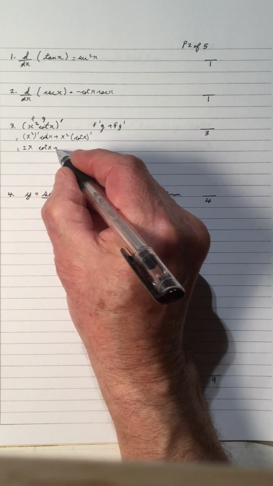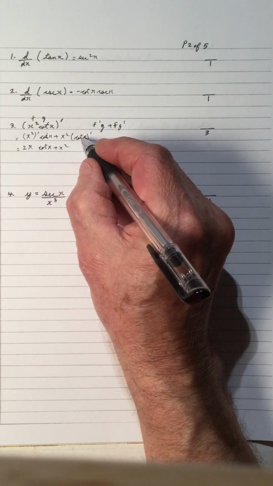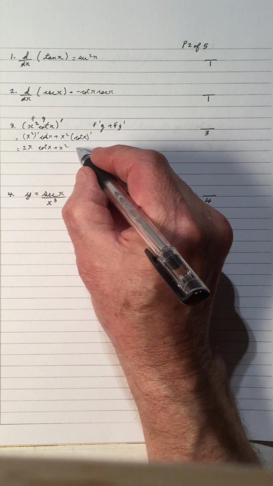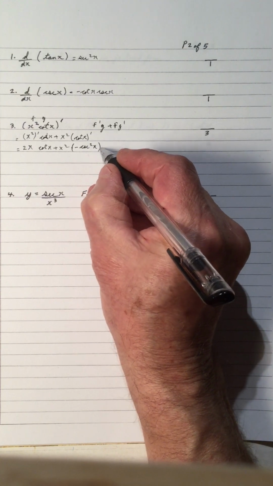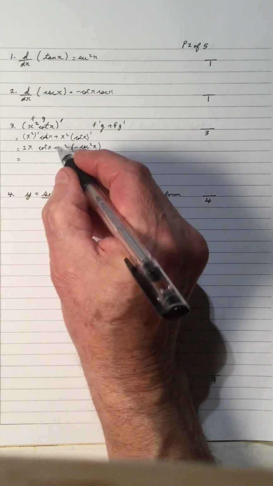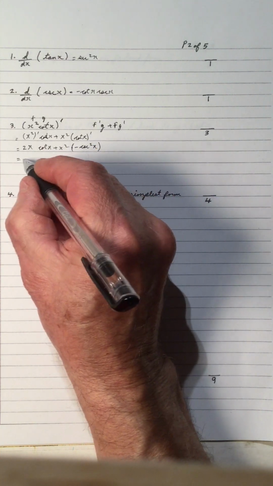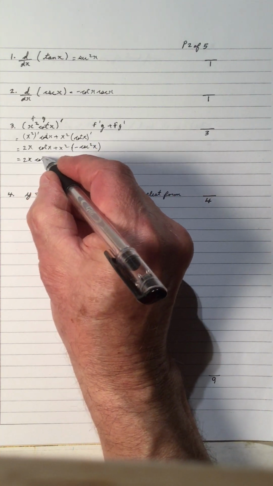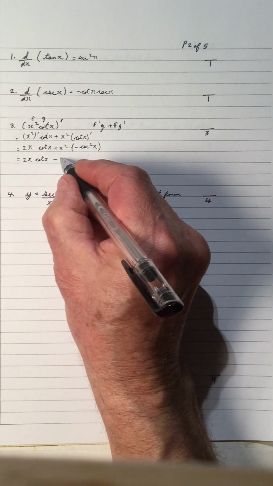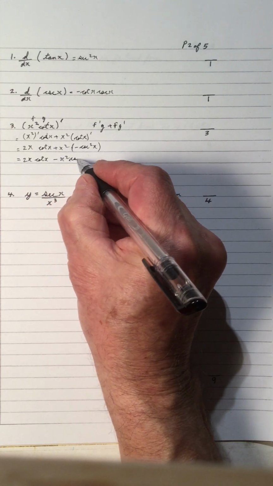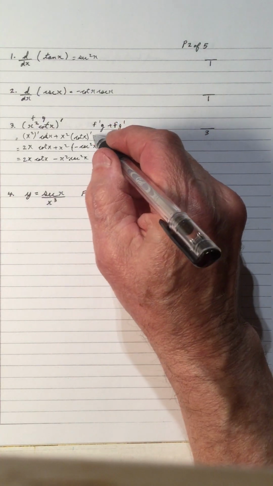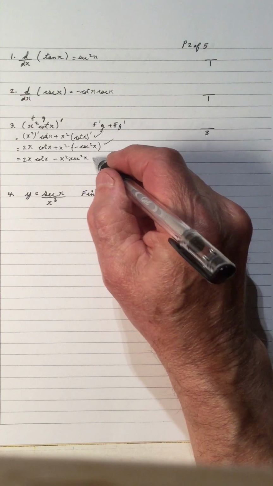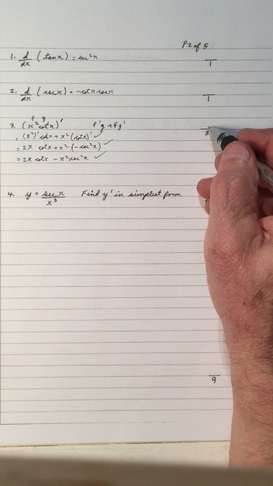The derivative of cot is negative cosecant squared x. We simplify that: now we have 2x cot x, and a negative x squared cosecant squared x. And there's 3 marks. So if you have that step, 1, 2, 3, a total of 3. If you have this answer, give yourself 3 marks.